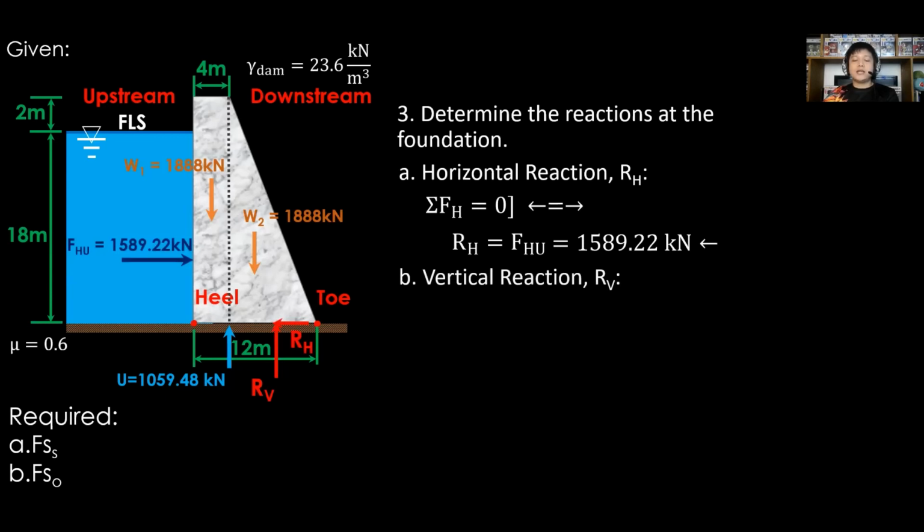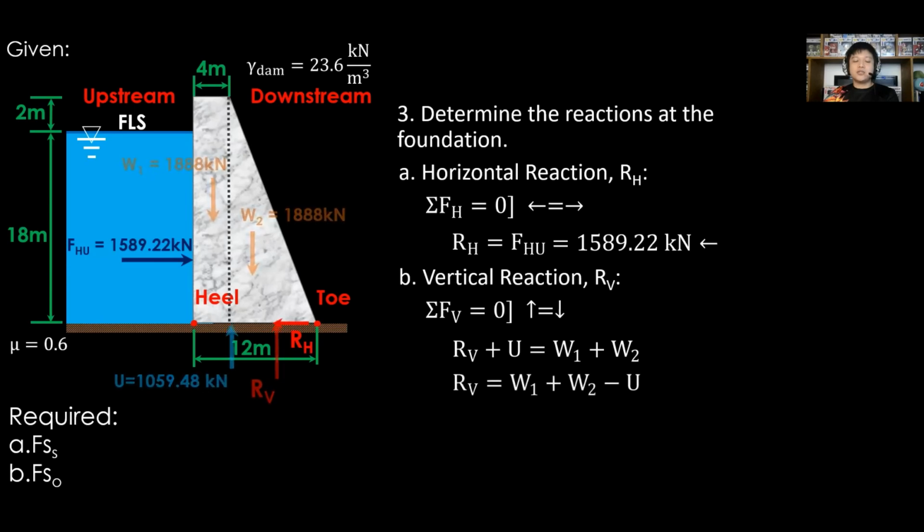Next is for vertical reaction. Assume upward direction. Sum of forces vertical equals 0. Upward equals downward forces. Upward forces are RV and U, while downward forces are W1 and W2.